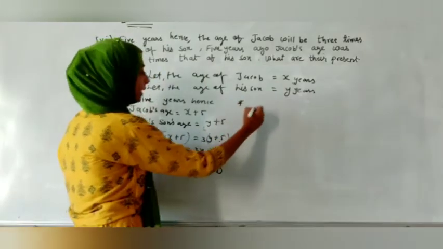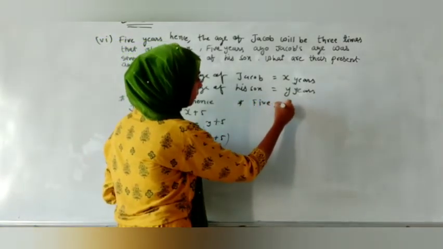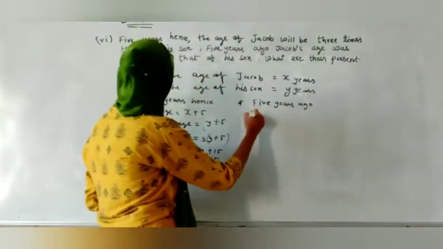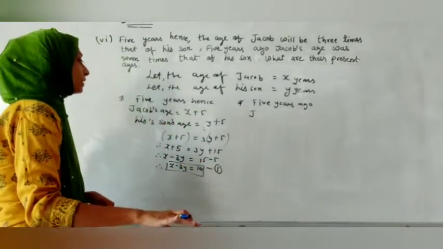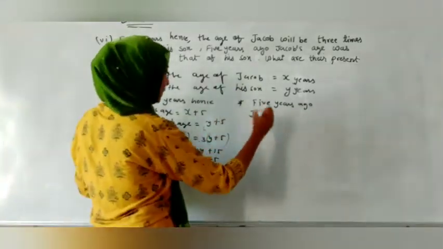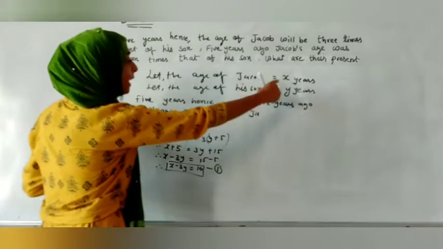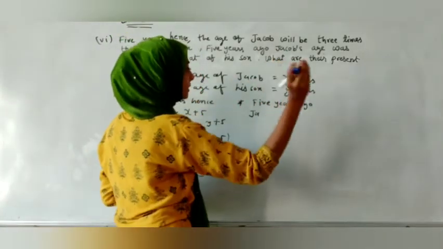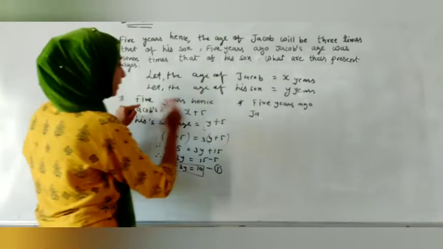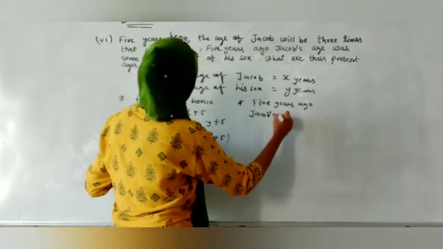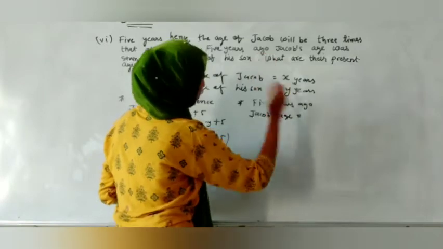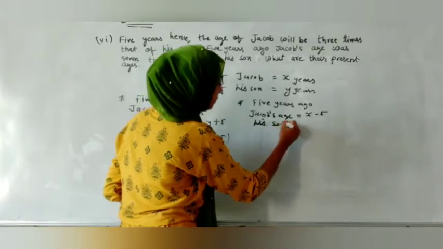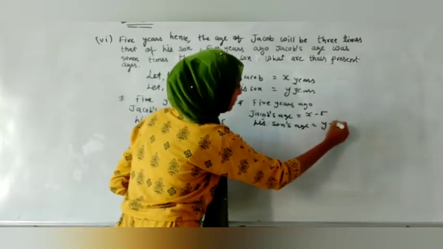So फिर से हम यही मेथड बोलेंगे that 5 years ago what is happening. तो अभी की हमारी जो एज है, यानी अगर आज हम 40 इयर्स के हैं तो 5 साल पहले हम 35 इयर्स के होंगे ना. तो सेम थिंग हैपनिंग विद जैकब दैट अभी वो x इयर्स का है तो 5 साल पहले वो, यानी वट एवर हिज एज इज, राइट ना, उससे 5 साल कम होगा. तो इसीलिए फिर से हम गैस करेंगे दैट जैकब्स एज विल बिकम x minus 5 and his son's age will become y minus 5.